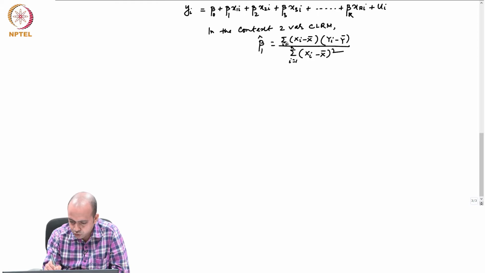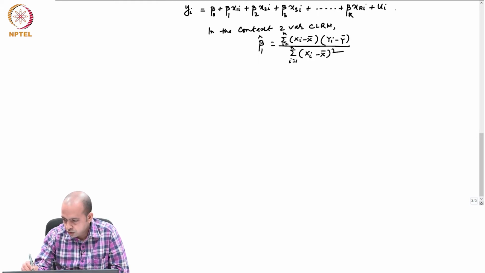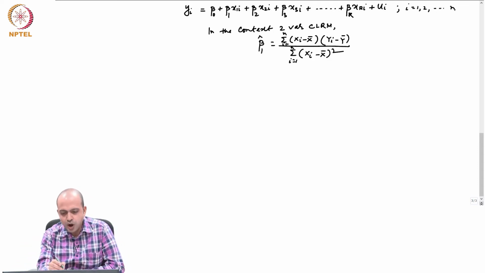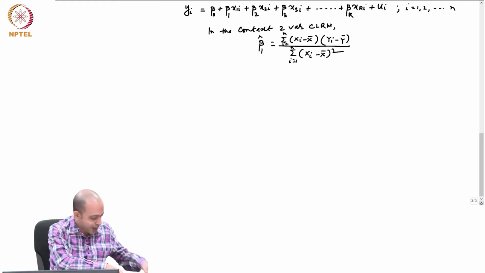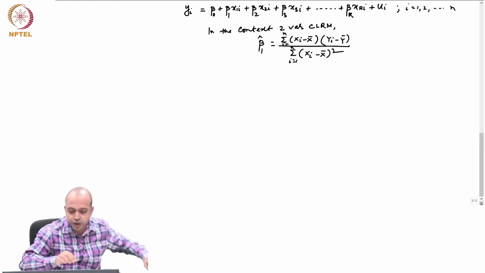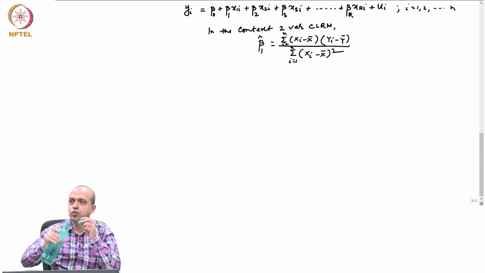So, i here stands for individual and we have k number of explanatory variables here. If we know x and y, we can simply apply this formula to get our beta 1 hat.